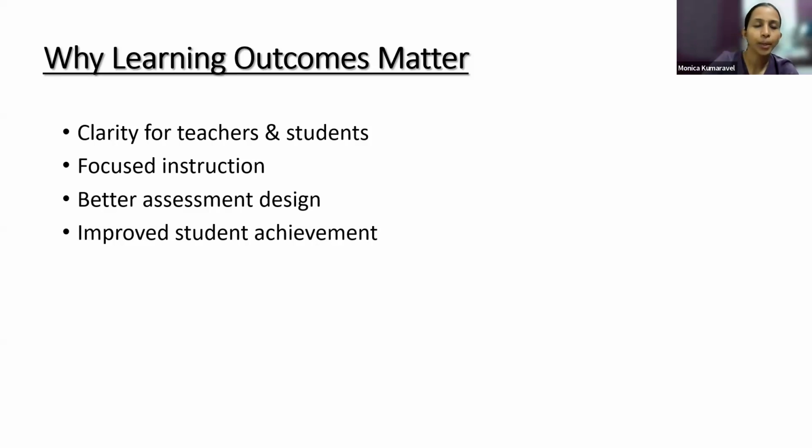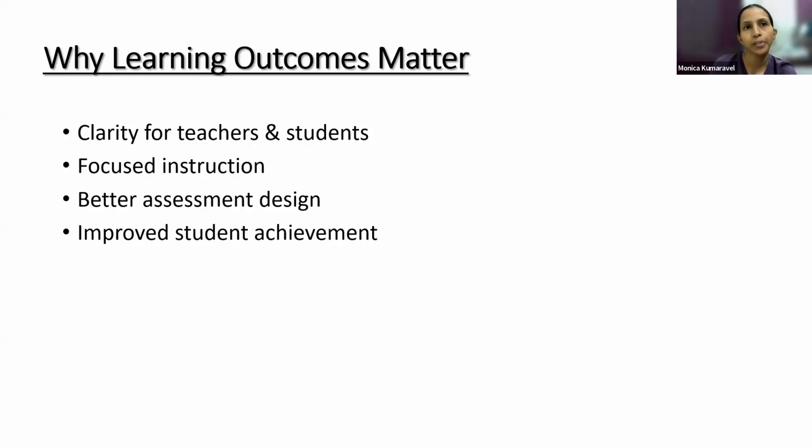When our outcomes are clear, students know what is expected, teachers teach with a purpose, and the assessment also becomes more meaningful. So better assessment design, improved student achievement, focused instruction, and clarity of what we as teachers are teaching all need a clear learning outcome, right?